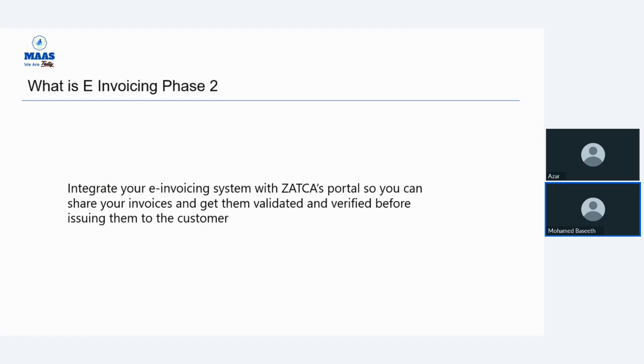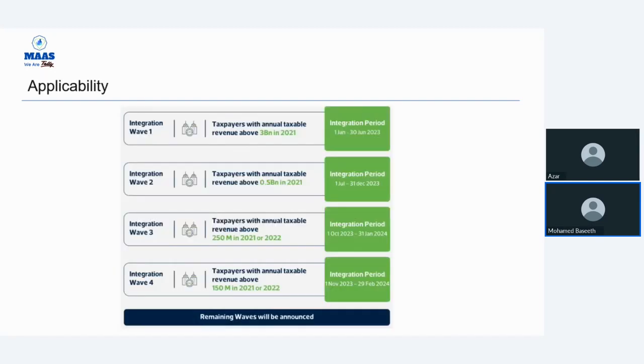Now, for whom is it applicable? Who has to do this integration? This integration is applicable only for a group of taxpayers, not for everyone. The first taxpayer group is called Wave 1, which already started from 1st January 2023.